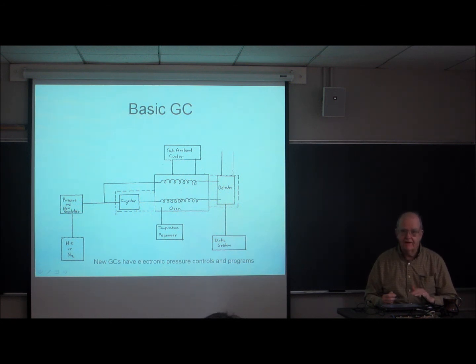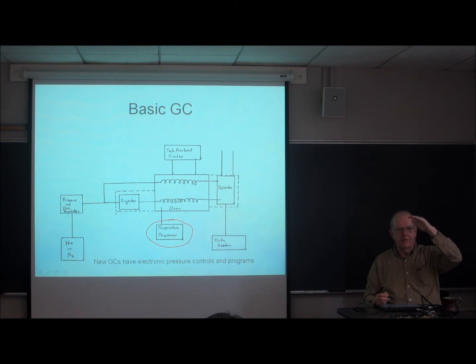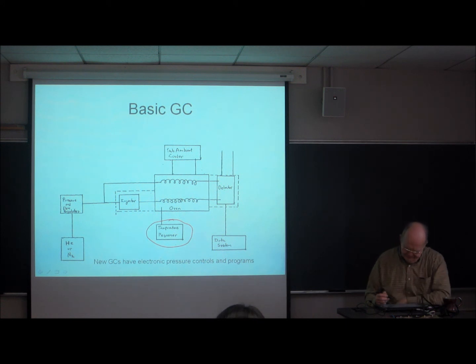If it's worse than that, you're going to see the peaks moving. The oven these days always comes with a temperature programmer, usually some kind of computer controller, so that you could do a very fancy program, not just one ramp, but a series of ramps and steps and holds and ramps at different rates.